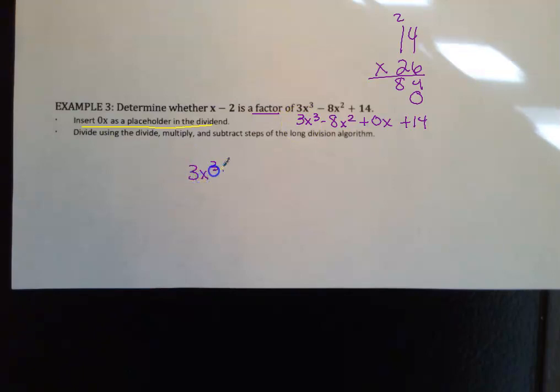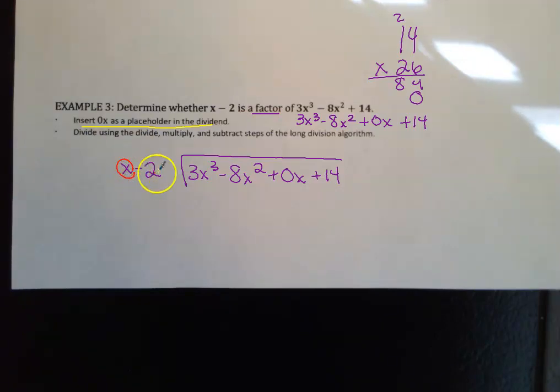So 3x cubed minus 8x squared plus 0x plus 14 divided by x minus 2. That's tricky. All right. So what will x need to be multiplied by to get 3x cubed? 3x squared.